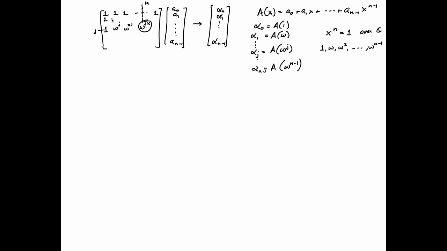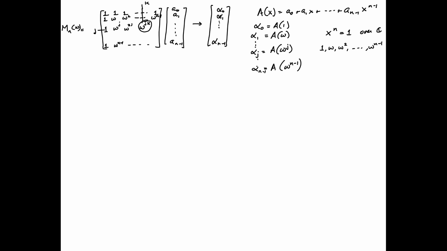The second row is 1, omega, omega squared, up to omega to the n minus 1. And the last row is 1, omega to the n minus 1, and so on. Okay, so we'll denote this matrix by M sub n, or to emphasize the fact that we have chosen omega to be the primitive nth root of unity, we'll call it M sub n of omega.